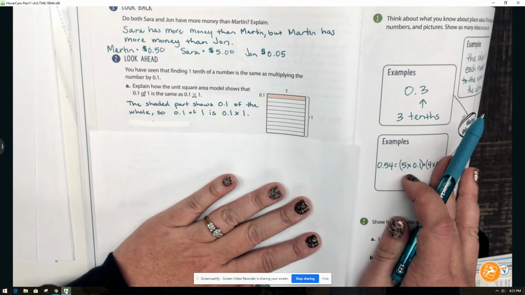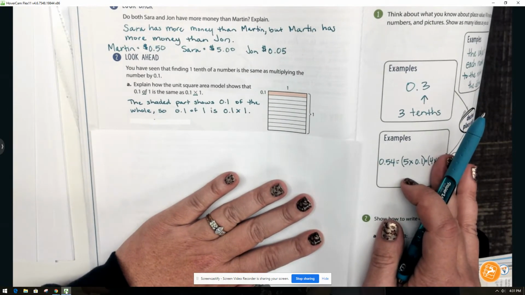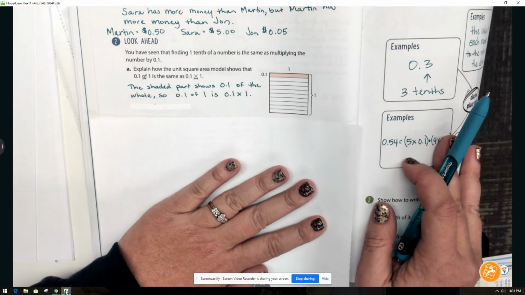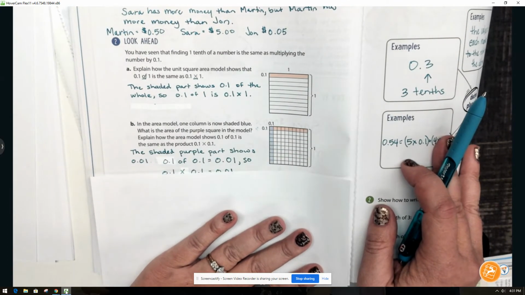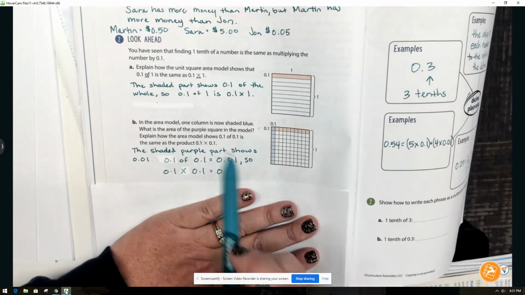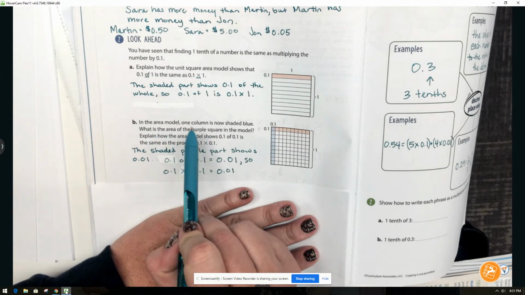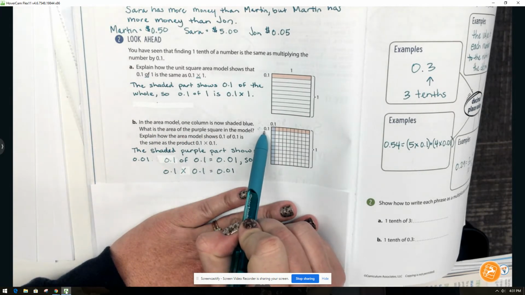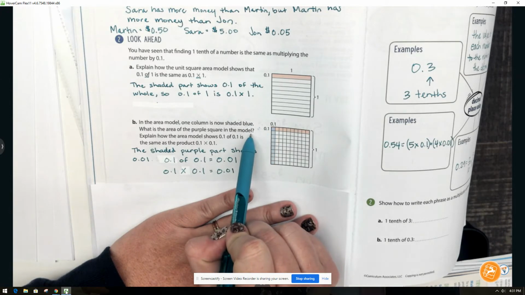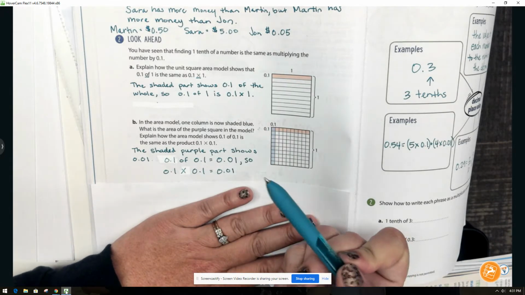Now, that's what we did last week. Here's the piece that's new for this week. What happens when we multiply in the area model? What is 1/10 times 1/10, or what is 1/10 of 1/10?